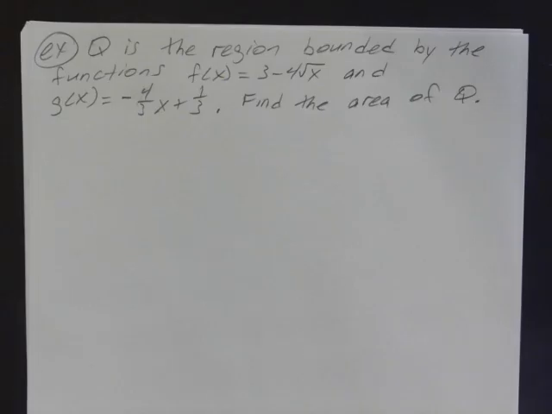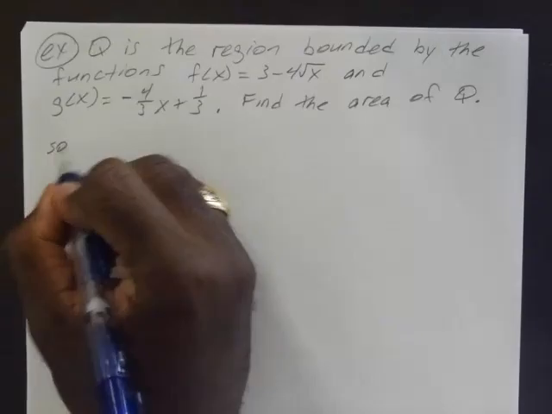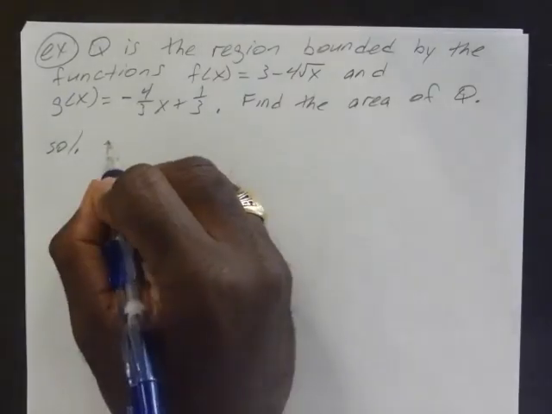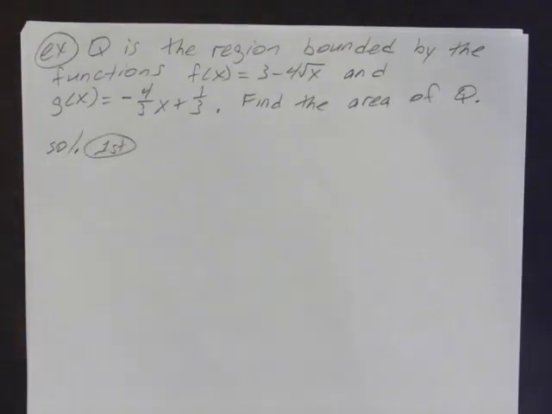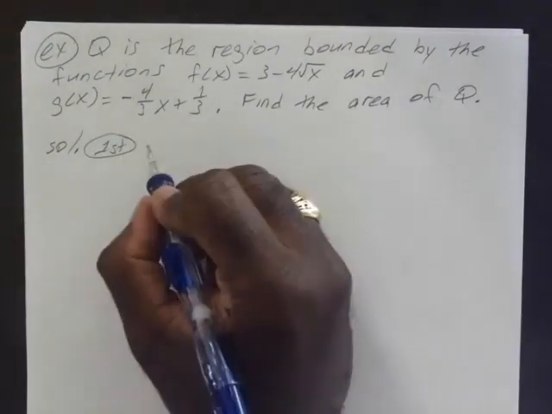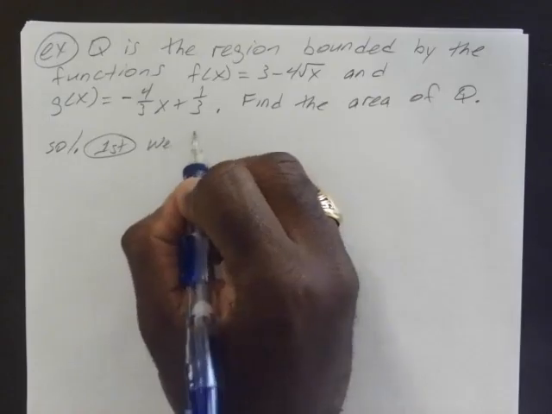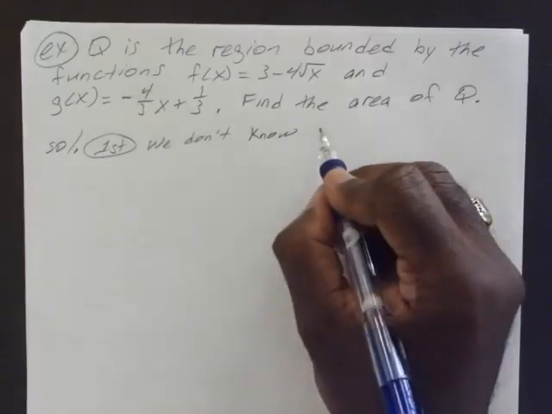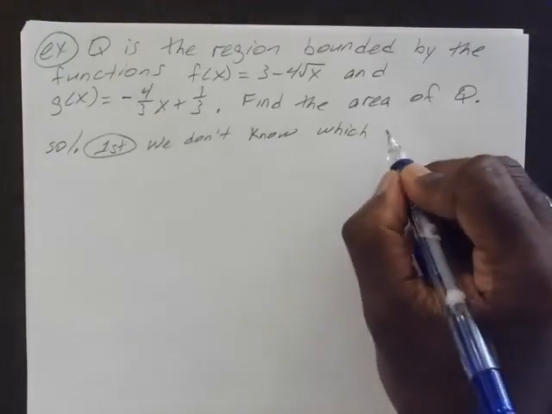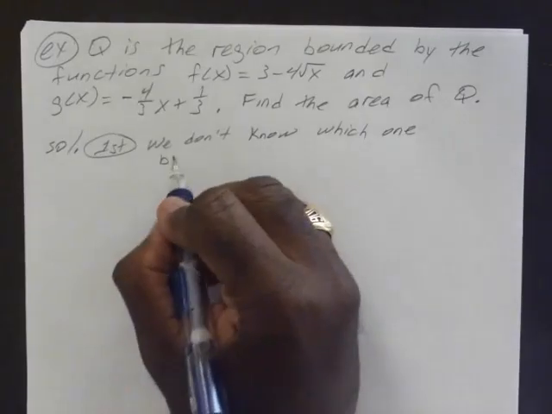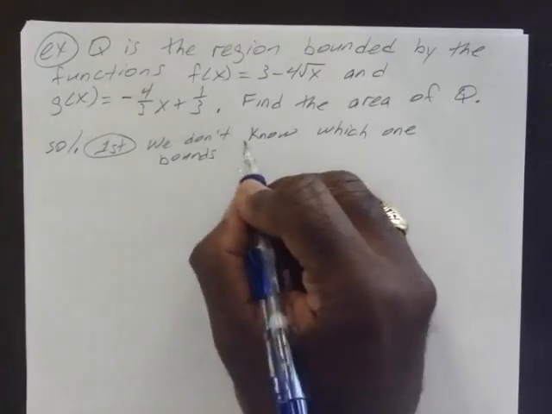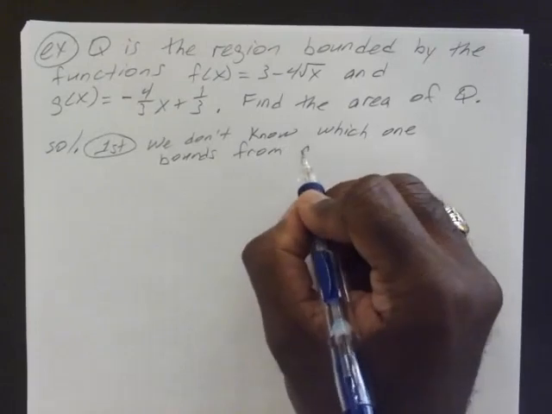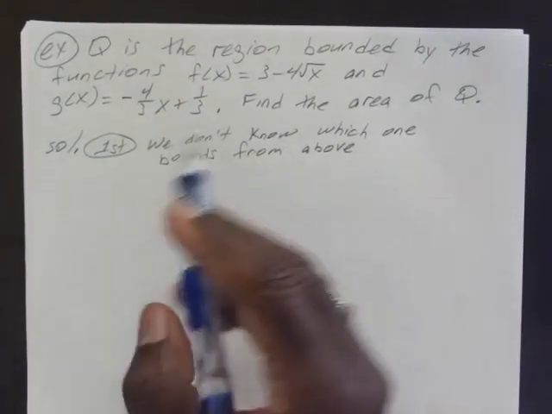Remember, when it doesn't tell you which one bounds from above and which one bounds from below, we have to find it. So we do that. Remember, since they didn't tell us, we don't know which one bounds from above. So that's always going to be the one that goes first.